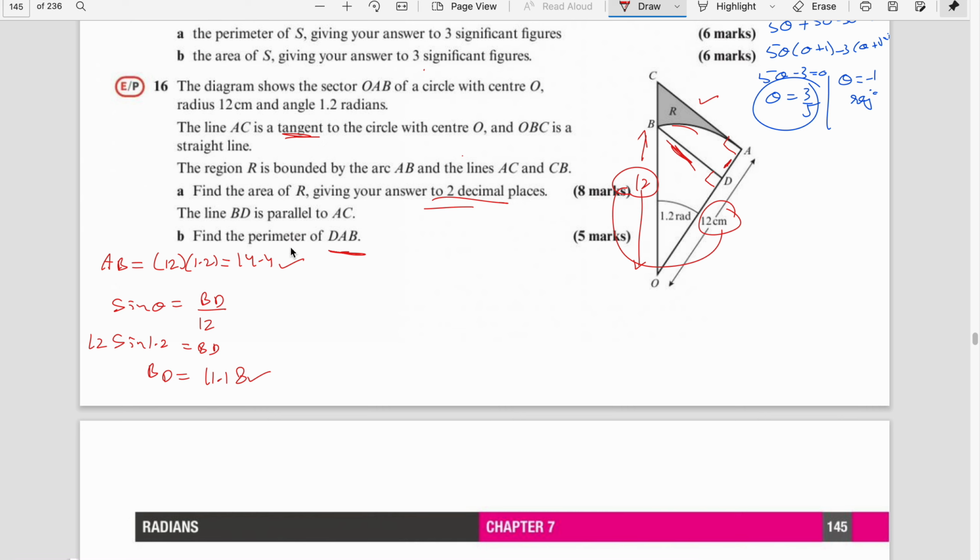So now we have AB, the arc, we have BD, the straight parallel line, and I can find OD using Pythagoras theorem because I have 2 sides.